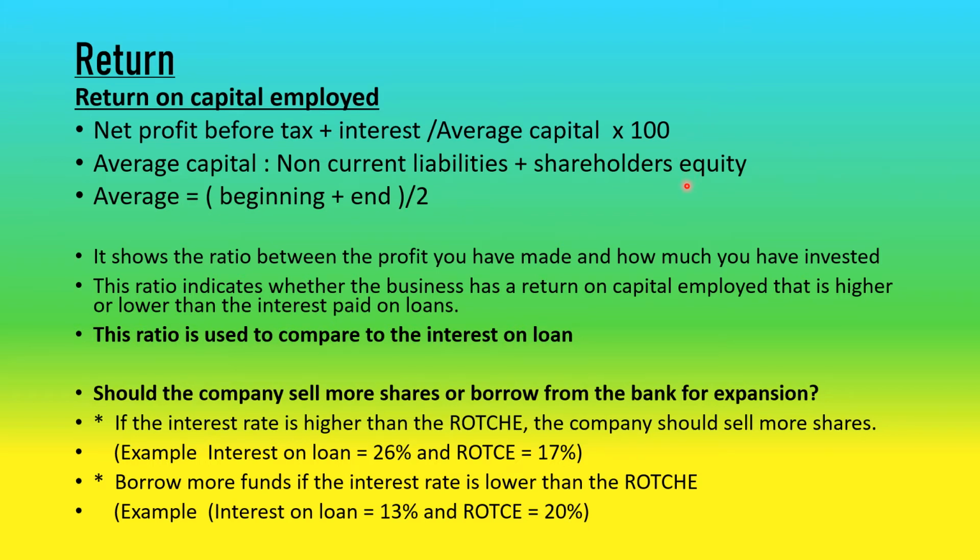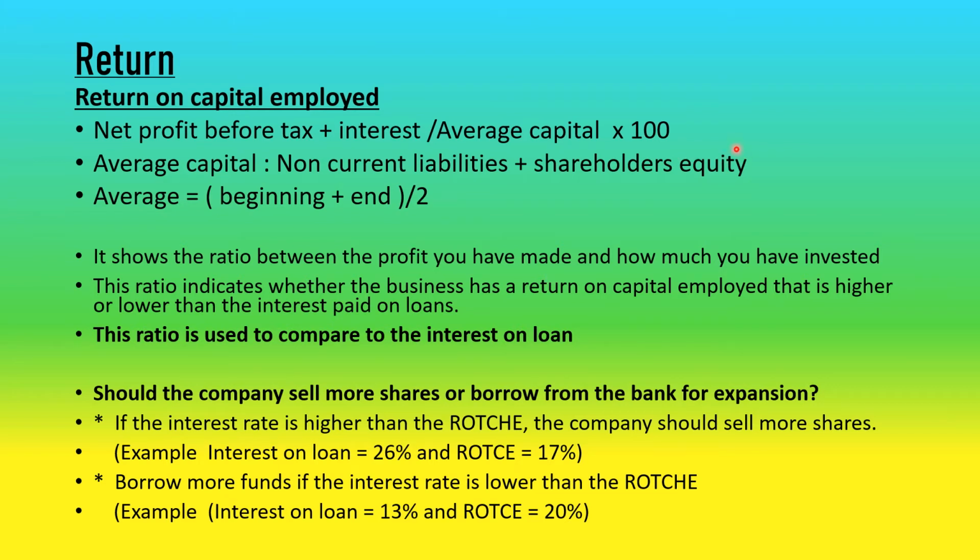The only difference is shareholders' equity is people that invest in your business in exchange for dividends or profits, whereas a loan is banks that invest in your business in exchange for making sure that you pay the full money back to them plus interest, which is their profit. And to calculate this, you would use average once again: your beginning plus your end, divided by 2 or multiplied by half.